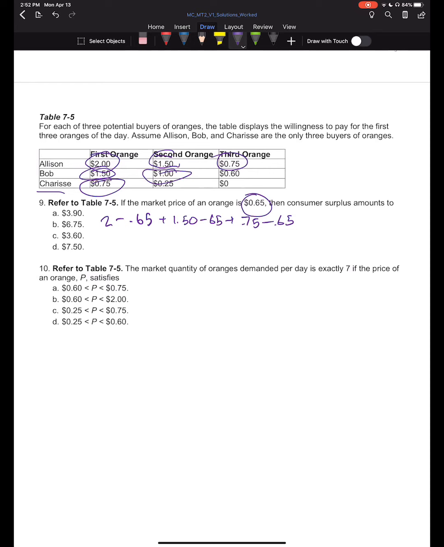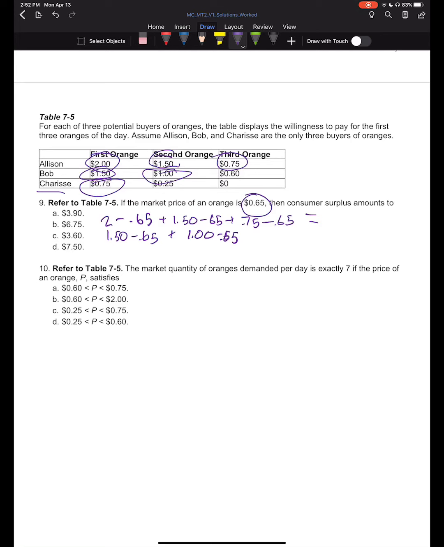And then we can move on to Bob and say, well, his first one is worth 1.50 to him, but he pays that 65 cents. His second one is worth $1, but he pays that 65 cents. And his third one is worth 60 cents, so he doesn't consume it because you're never willing to pay more for a good than you value it.